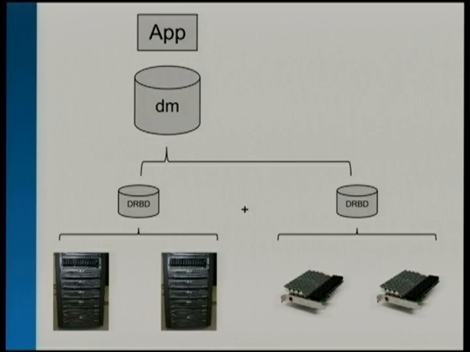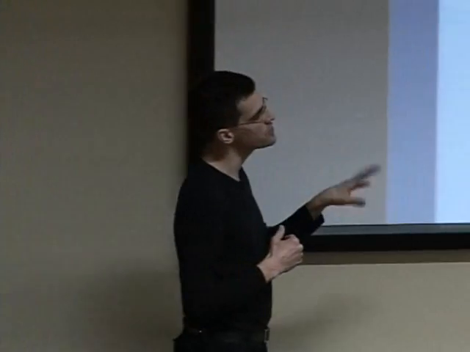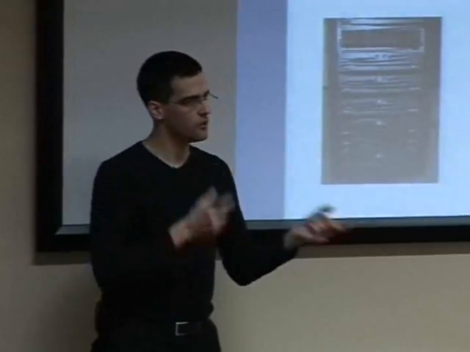And this is a feature that was added to DRBD in the 8.4 release. In DRBD 8.4, we can do multiple volumes in one DRBD resource. That is to say, we have two separate DRBD devices. They both have their own sets of backing devices. But because they're in the same resource, they share one replication stream.